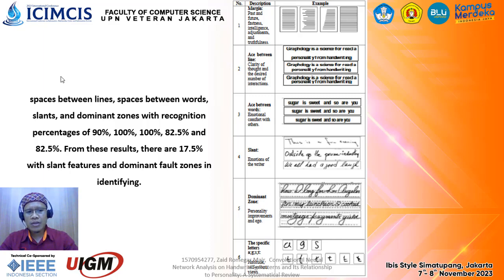The percentages are 19%, 100%, 100%, and 82.5%, and 82.5%. From this result, there are 17.5% with the slant feature and dominant full zone identified.